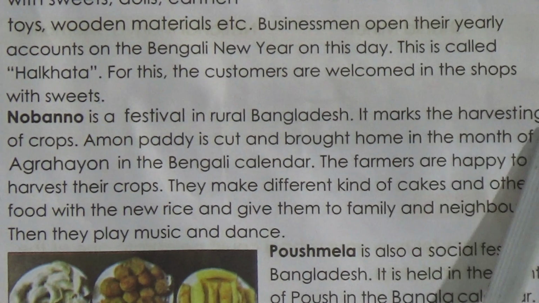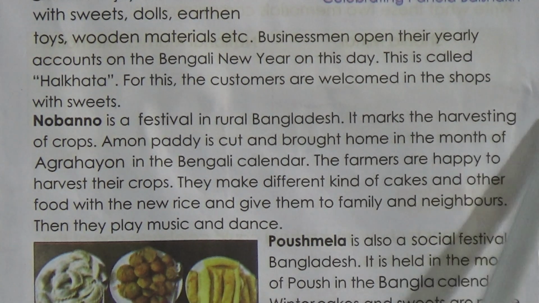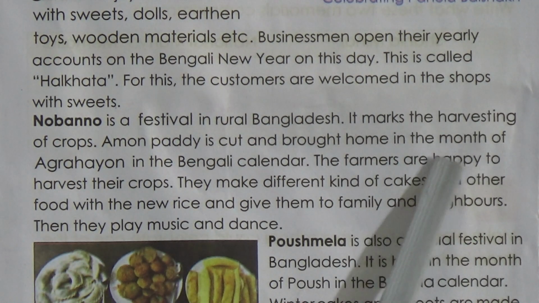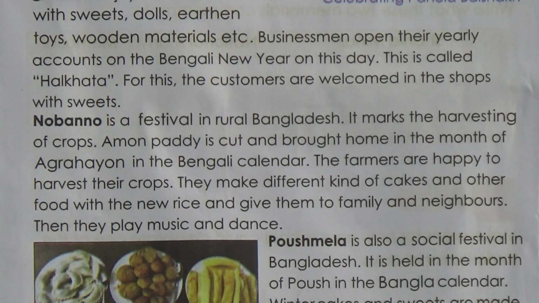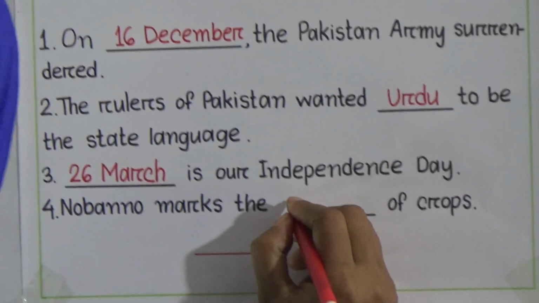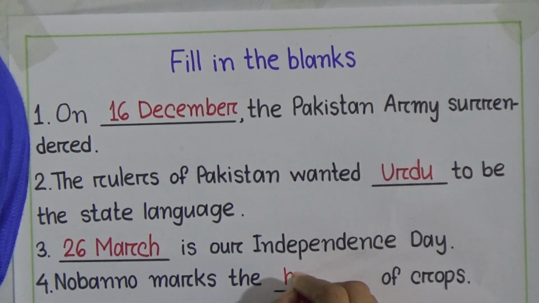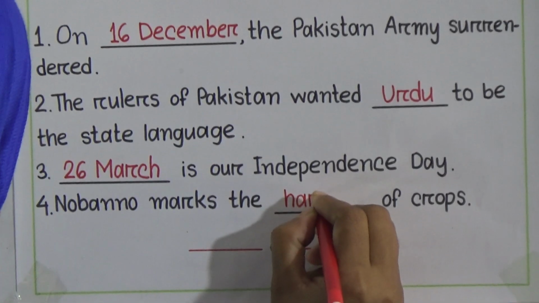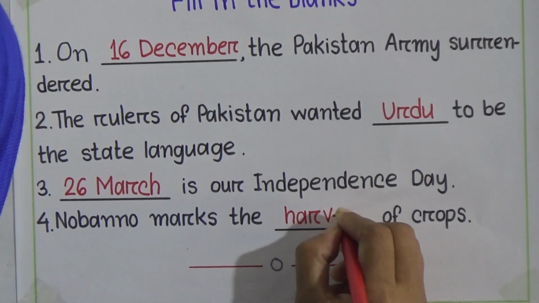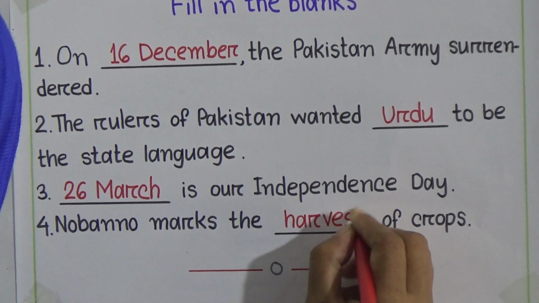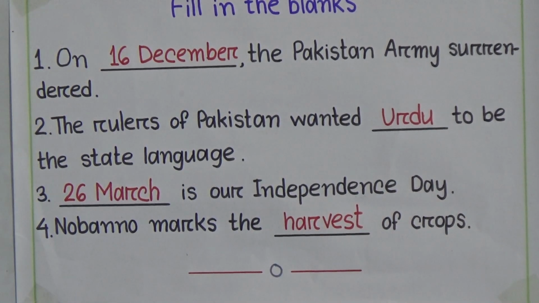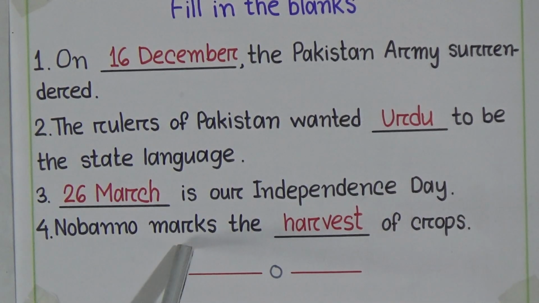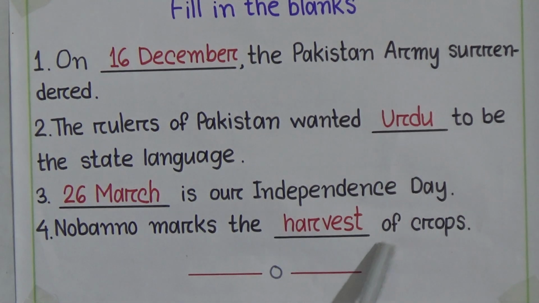Here we find harvesting, but we can't write the same word because we have to write here harvest. H A R V E S T, harvest. Nabanno marks the harvest of crops.